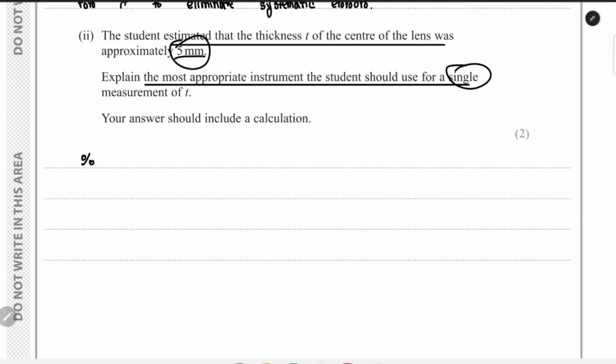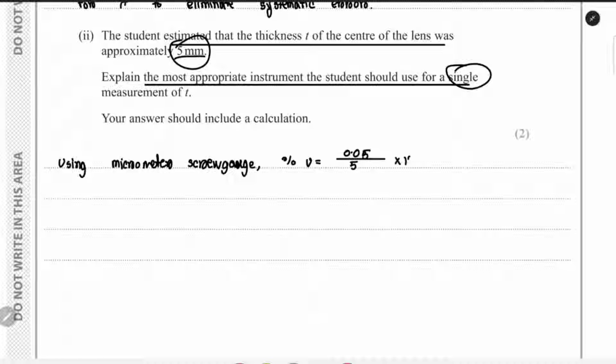So using a micrometer screw gauge, 0.05 by 5 into 100%, so 0.1%.